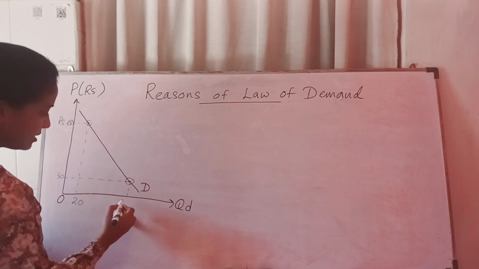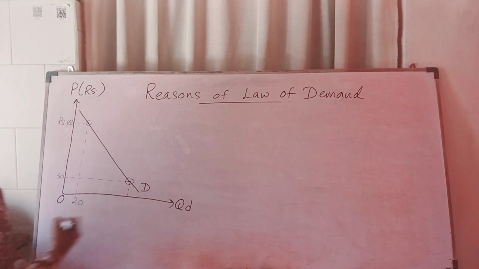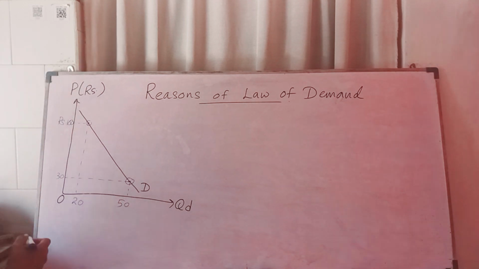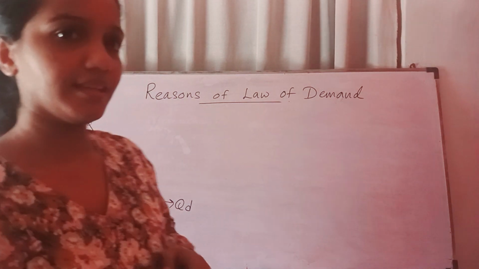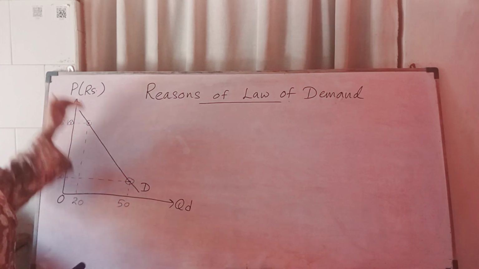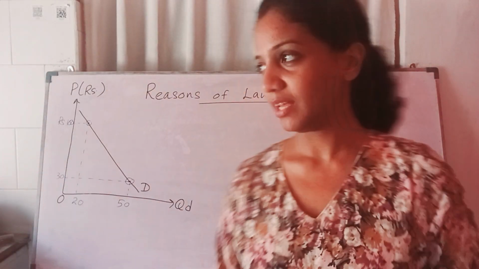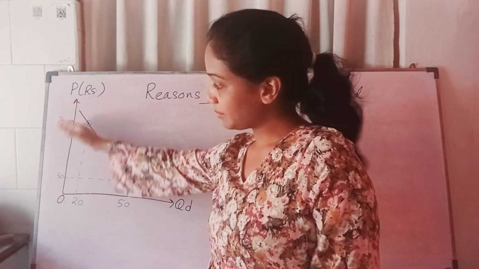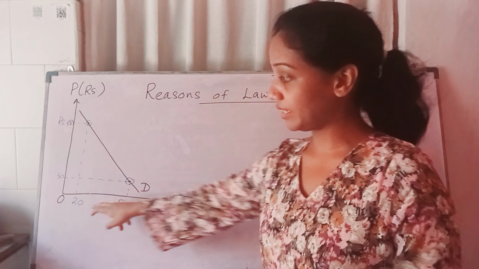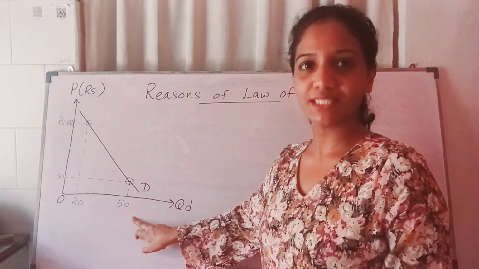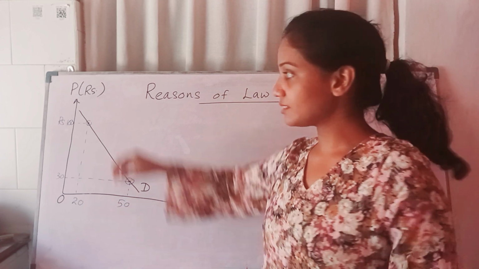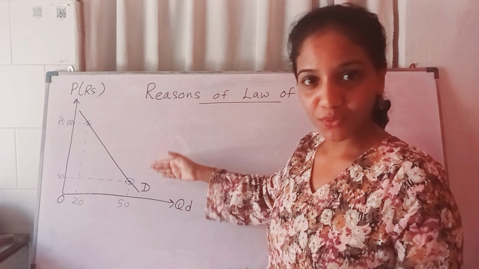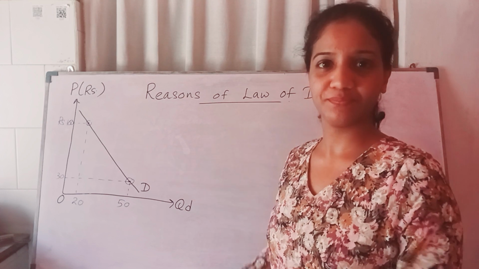Here, children, you can see it increases from 20 to, let's assume, 50. This is what the downward sloping demand curve means. When the price increases, we reduce the quantity demanded. When the price decreases, we increase the quantity demanded, right? Because of that, our demand curve for a normal good is downward sloping, right?